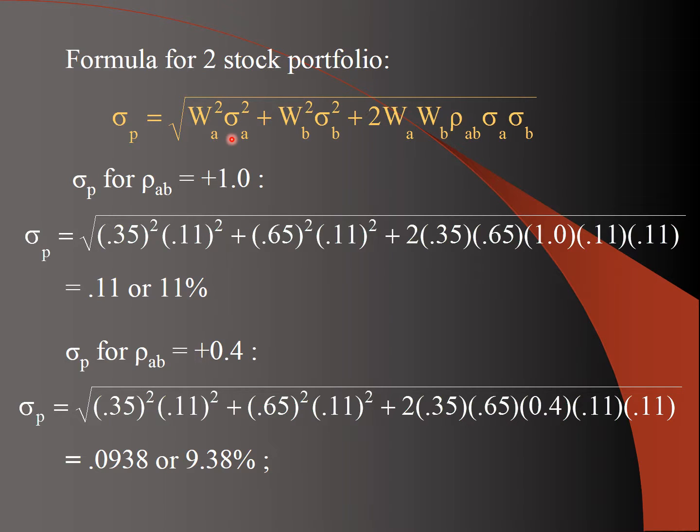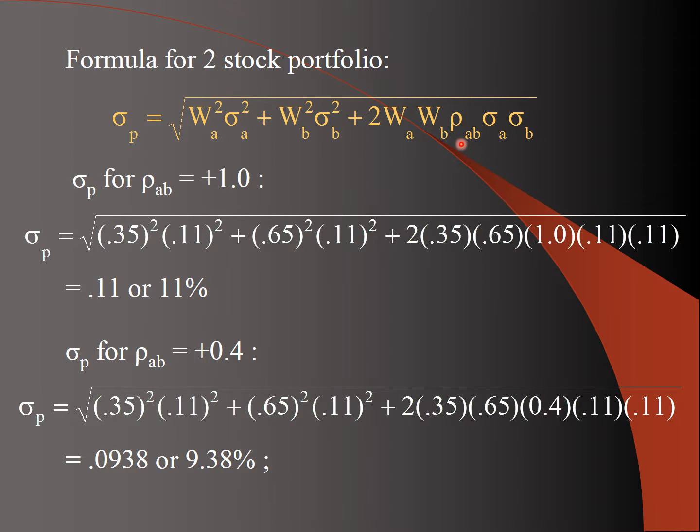Then we take the standard deviation and square it, which by the way is the same thing as the variance, plus the proportion of money you have invested in stock B, and square that, times the variance of B, or the standard deviation of B squared, plus 2 times the proportion of money we have invested in stock A, times the proportion of money we have invested in stock B, times the correlation coefficient of stocks A and B, and notice that's represented in this case by the Greek letter rho.